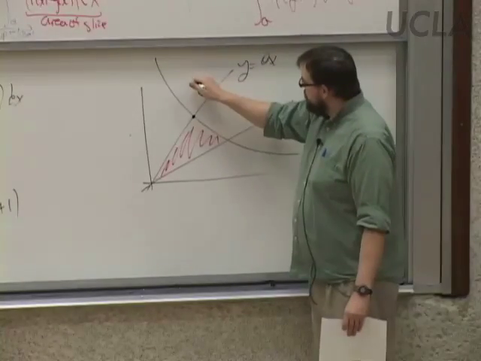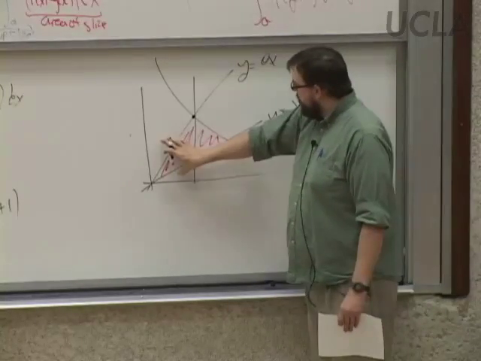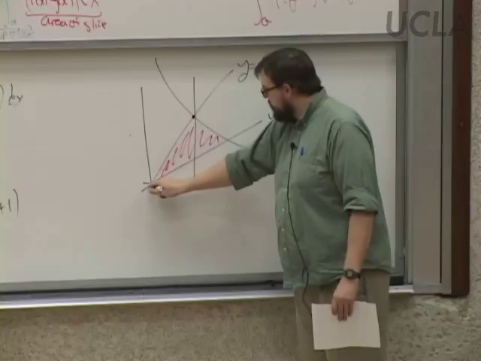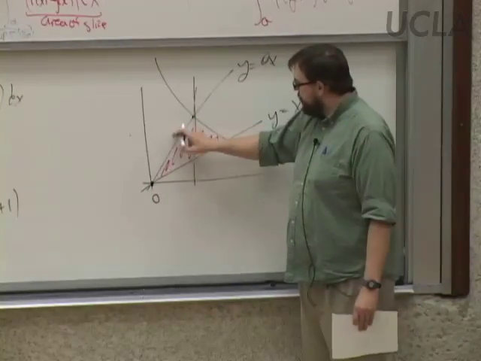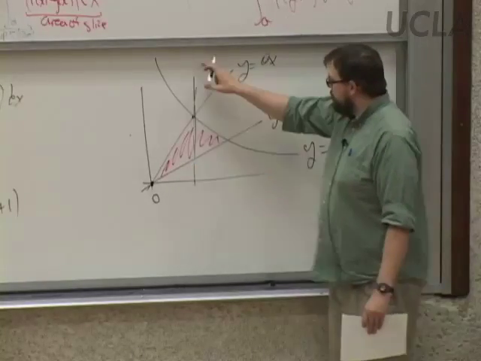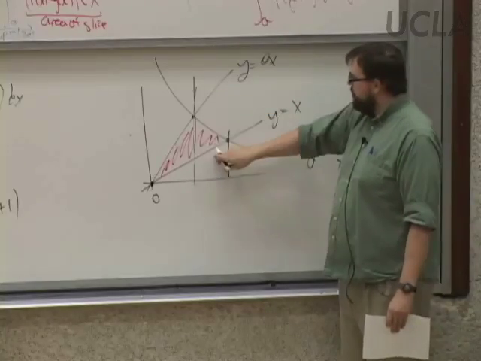So the best way to do these problems is just to chop it into pieces. From wherever this point is, and it's easy to see this point is at 0, to wherever this point is, I'll have top minus bottom 8x minus x. Then from wherever this is to wherever this is, I'll have the 8 over x squared minus x.